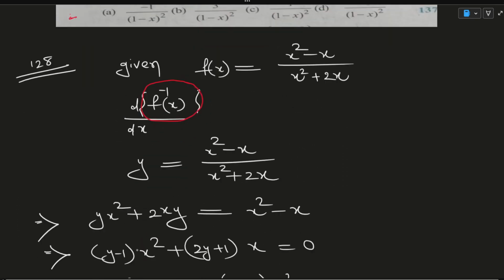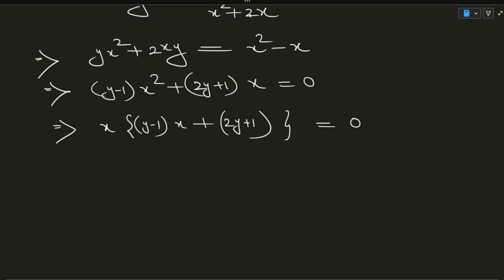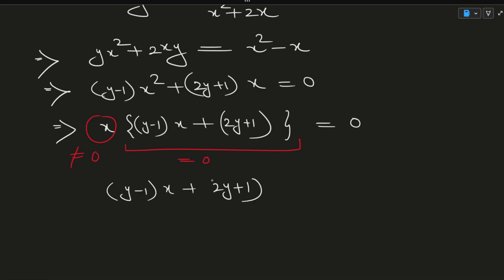So x is not equal to 0. Okay, so the product of two terms is 0. It means definitely this one will be equal to 0. So now I will equate (y minus 1)x plus (2y plus 1) to 0.